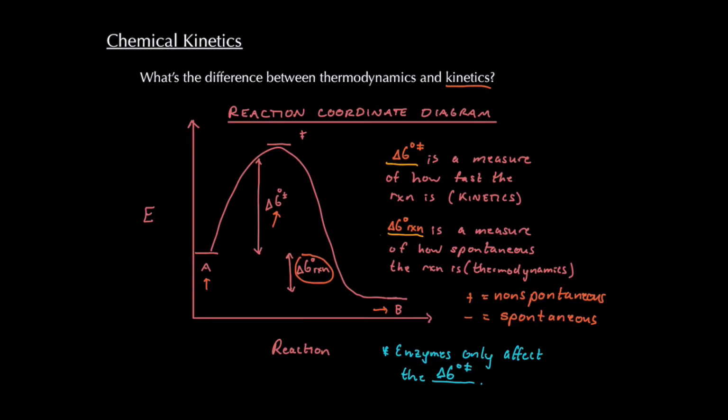It has no bearing on how spontaneous a reaction is. So an enzyme will not change how much energy is released in a reaction. It will just lower this activation barrier, this delta G naught double dagger here, and allow that reaction to occur with a lower activation energy. So another term for delta G naught double dagger is activation energy.